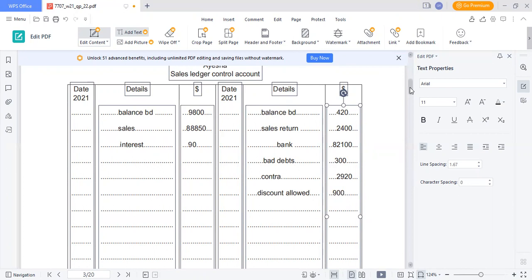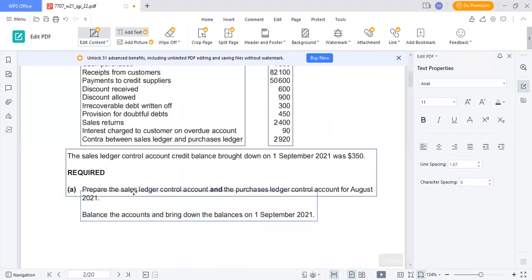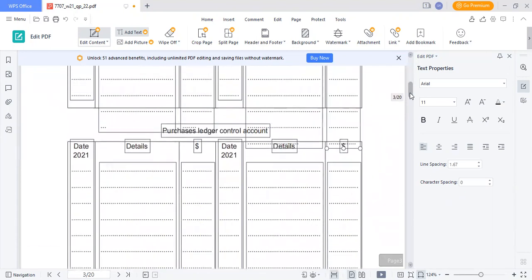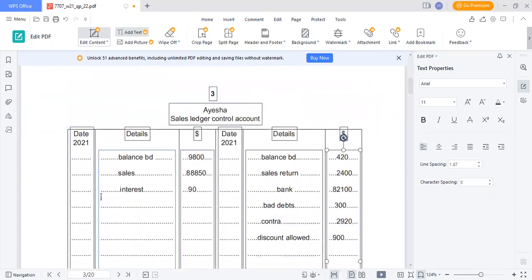And we had a sales control account credit balance brought down on 1st September 2021. That means the credit balance was on 1st September, and we are making the account for August. That means balance CD will come on the debit side. Balance CD will be 350, and dates are very important.